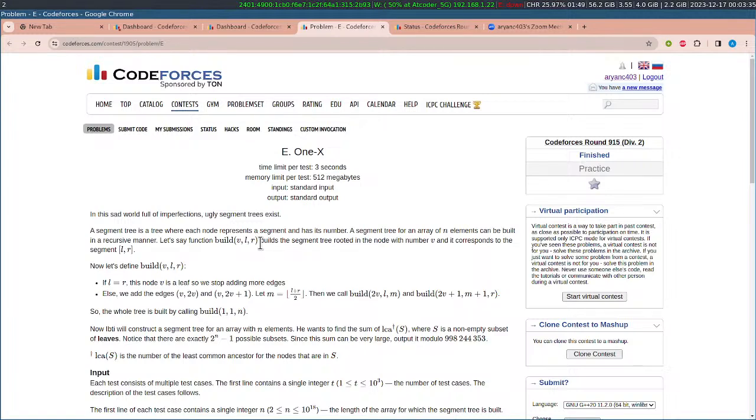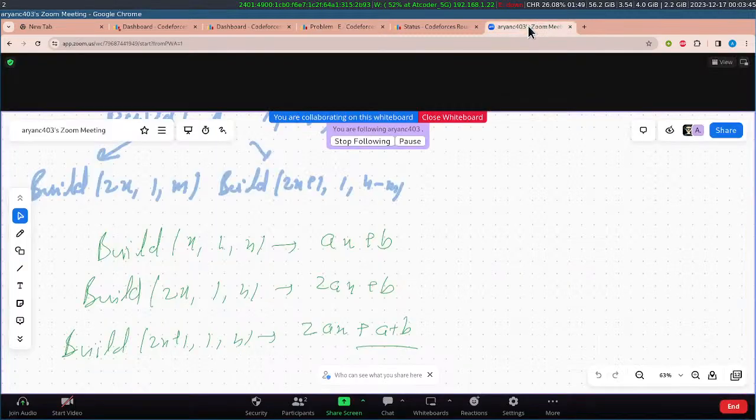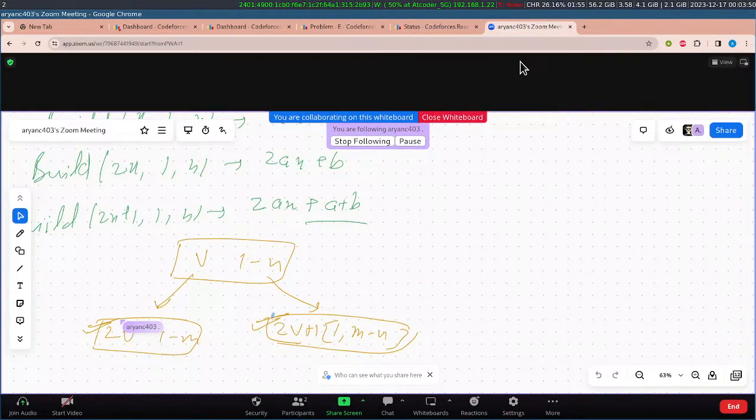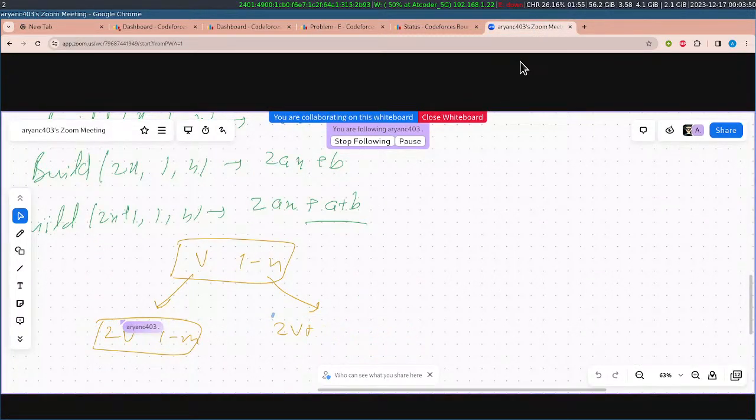We can also call them, so we need the formula for this, and we also need the formula for this. So the idea is if we call v with 1 comma n, then its left tree would be 2v with 1 comma m and its right tree would be 2v plus 1 with m plus 1 to n. We can also change it to denote 1 to n minus m, sorry.